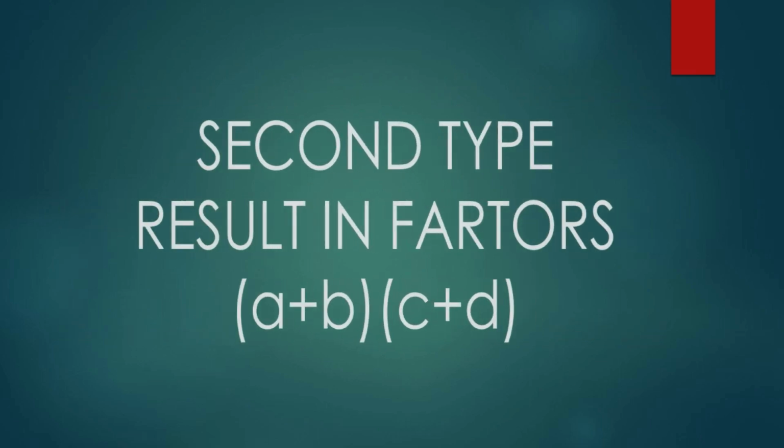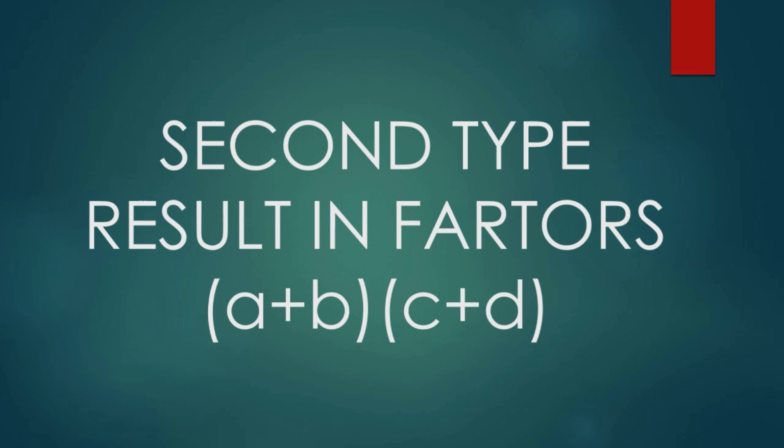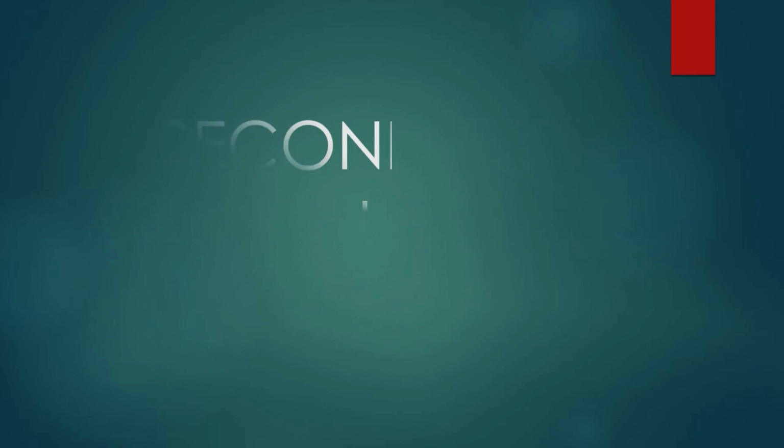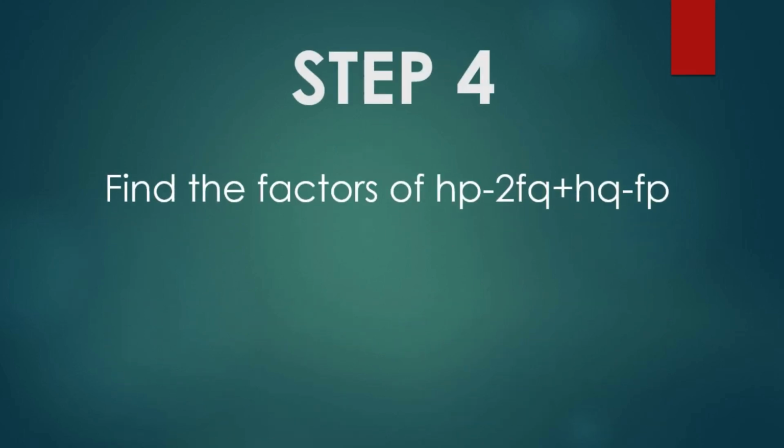Inside factorization, basically you have a second type of result, and we will show that right here, and I'll show you how to get to that point. Here we have HP subtract 2FQ plus HQ subtract FP.